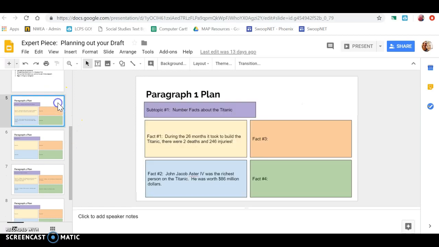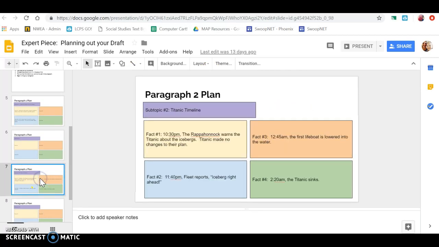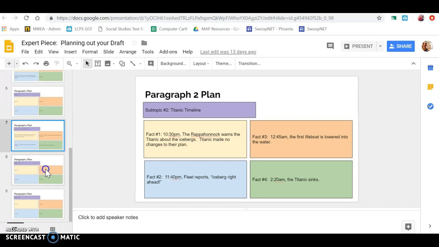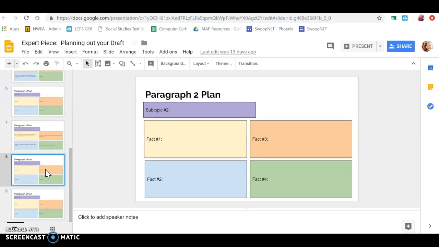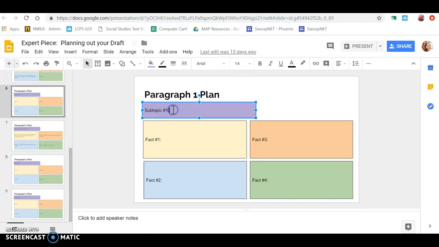And then here, just like yesterday, I'm planning out my first paragraph, and then they get an opportunity to do this. And same with paragraph 2, and then they do paragraph 2. And then I did not do paragraph 3, but then they have to plan out their paragraph 3. And each of these boxes, they just click into.